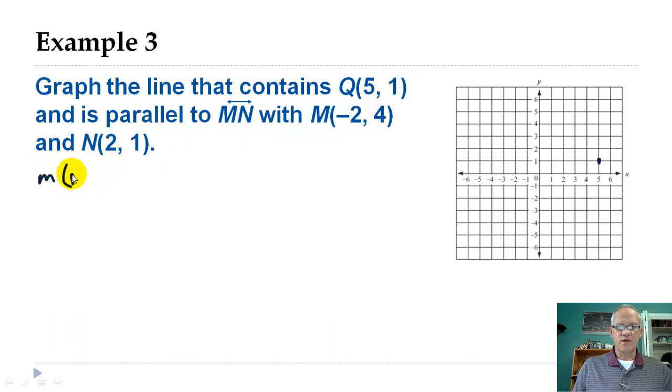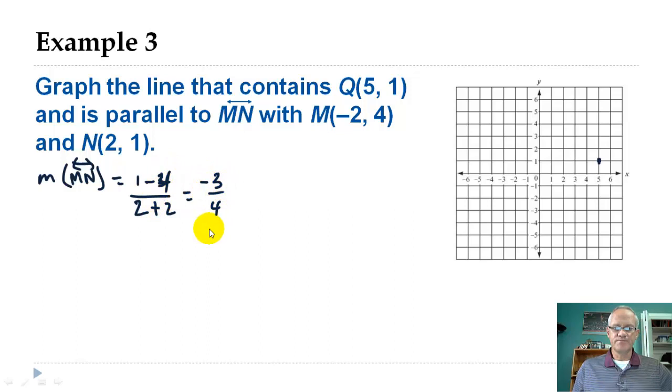So slope of MN, I'm just going to do 1 minus 4 over 2 minus a negative, or plus 2. So this would be a negative 3 over 4. All right, this is the slope of MN.